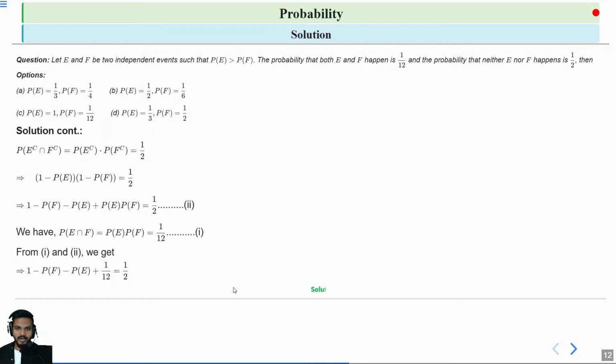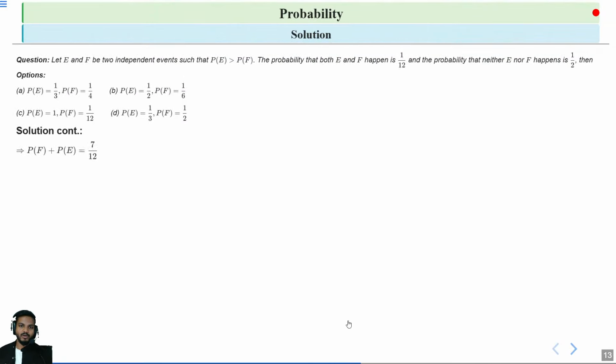So from equations 1 and 2 we get 1 minus probability of F minus probability of E plus 1 by 12 is equal to 1 by 2. When we solve this, we get probability of F plus probability of E is equal to 7 by 12. So one more condition: when we add both probabilities, we get 7 by 12.